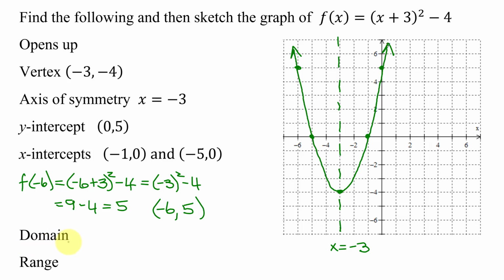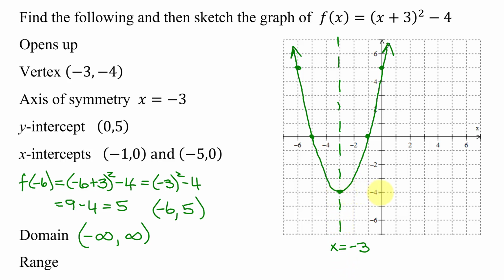Well, the domain of every quadratic function will always be all real numbers, otherwise known in interval notation as -infinity to +infinity, but the range will not be all real numbers. So if I look at my graph here, if I come up from -infinity, what is the first y value I hit on my function?